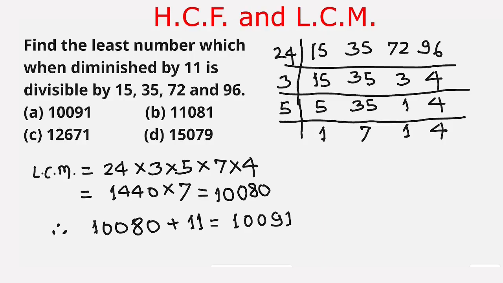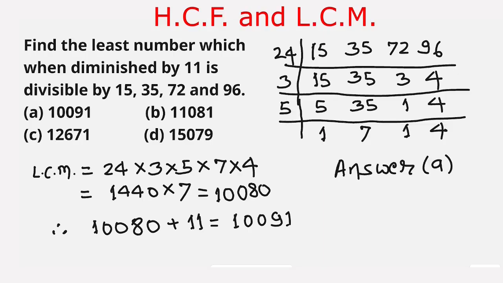We added 11 because on dividing this number by 15, 35, 72 and 96 it must leave the remainder 11, or on subtracting 11 from this number, the number must be divisible by these numbers. That's why we have added 11 to it. So our answer is 10,091.